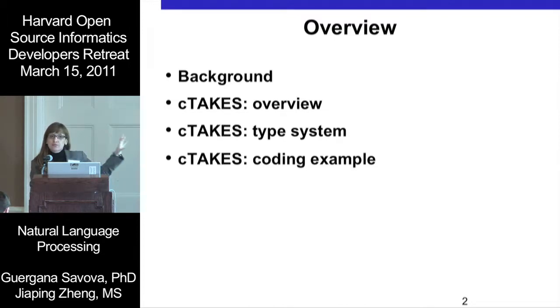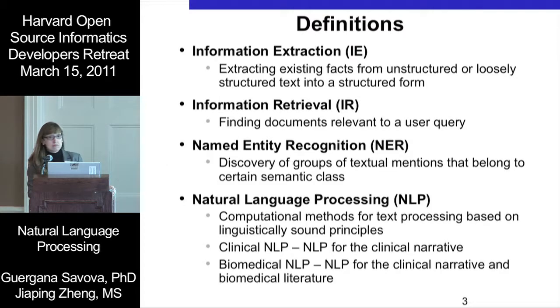Then we are going to present one of the core data structures that CTEX builds upon, and that's called the type system, which I believe will empower you to start contributing if you're so interested. And then Jiaping will show you an actual coding example of how easy it is to build annotators within UIMA, which is the Unstructured Information Management Architecture.